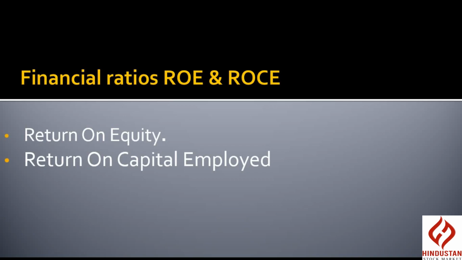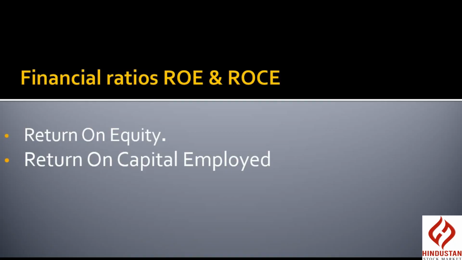Whereas return on capital employed is the primary measure of how efficiently a company utilizes all its available capital to generate additional profits. So a high and steady ROE and ROCE for the last couple of years is considered as a sign of good management.